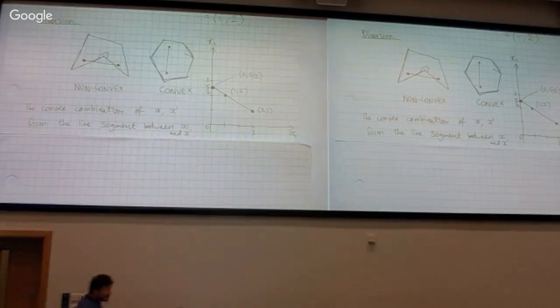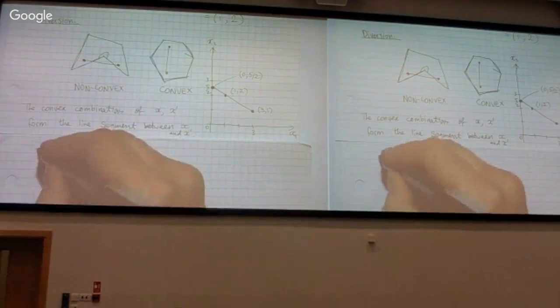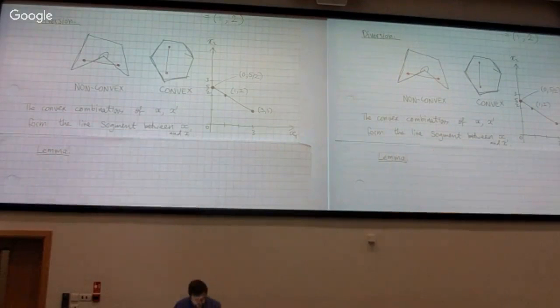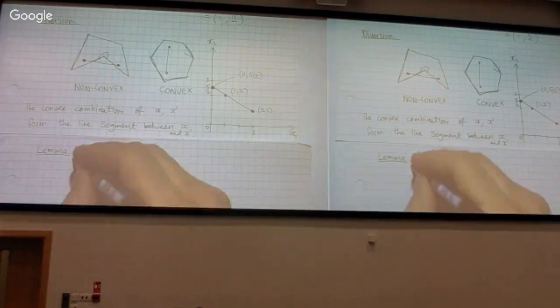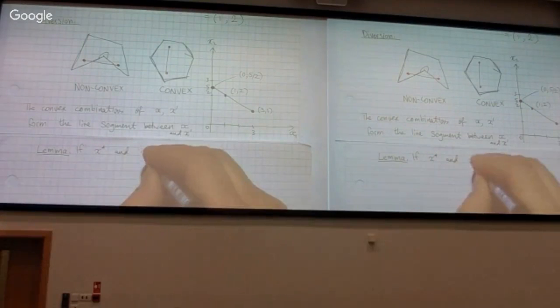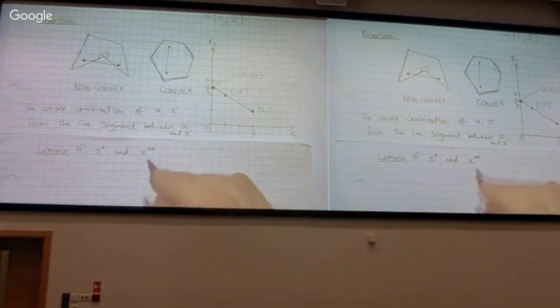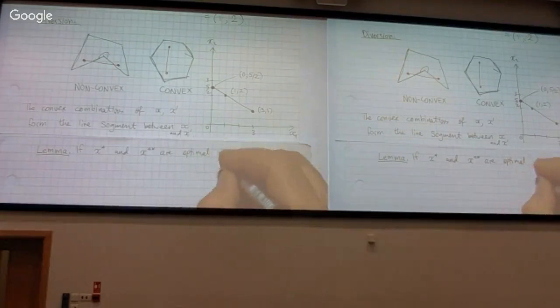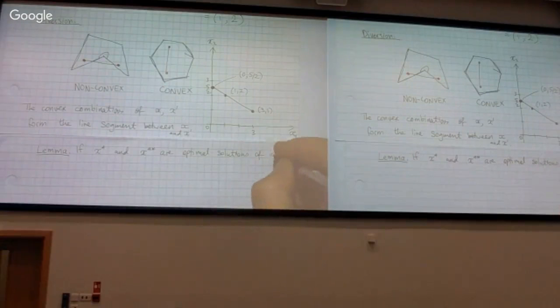Okay, I'll call it a lemma. Find 2 optimal solutions, X star and X double star of an LP.